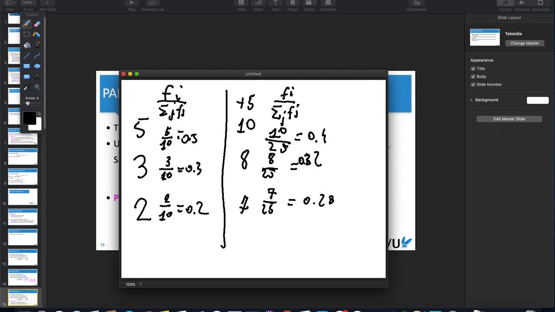However, if we now do it with the exponent, right?